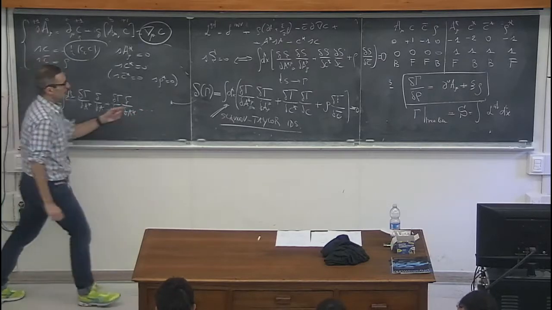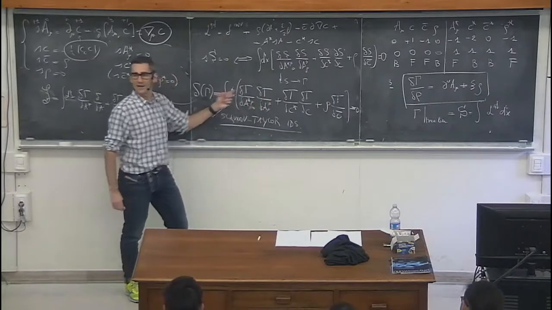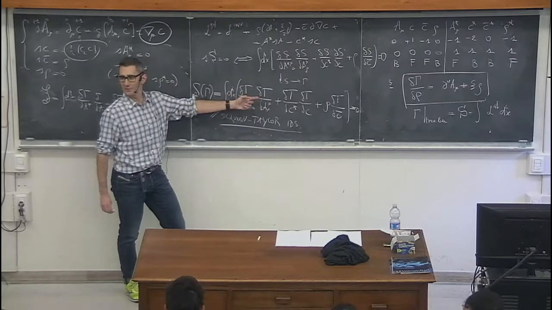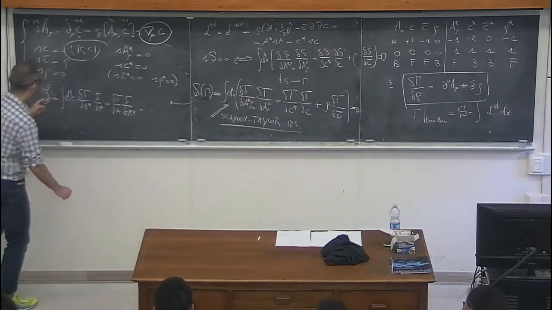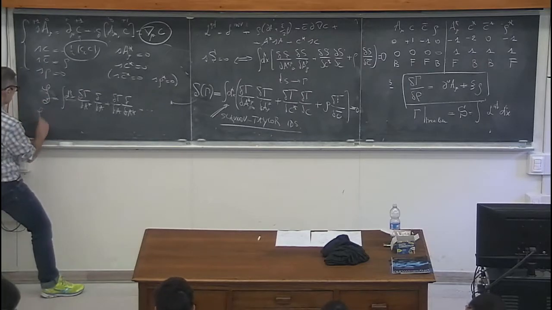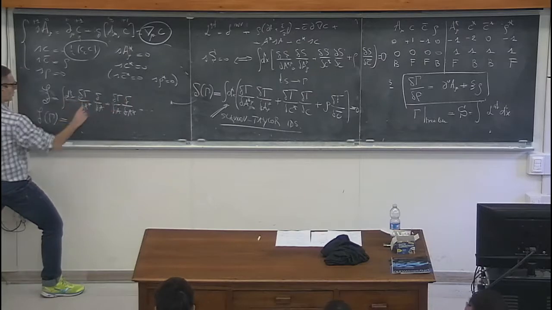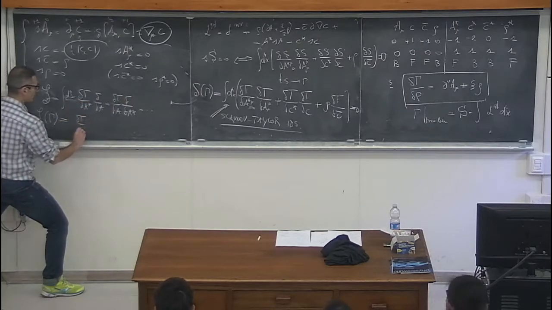Namely, I just expand to first order this equation. So I can write a differential operator in such a way that when S acts on gamma, this reproduces these equations, the equation for gamma gamma.